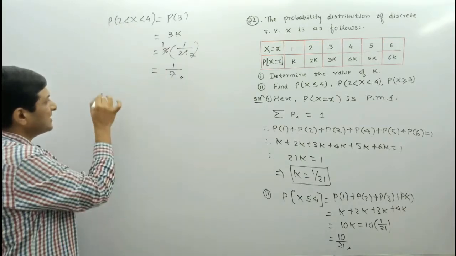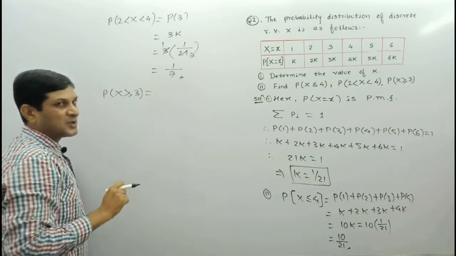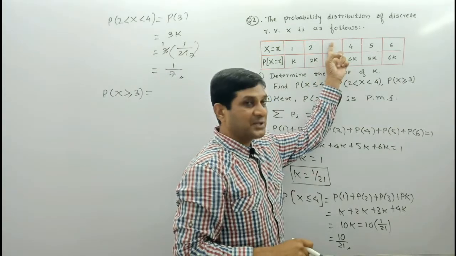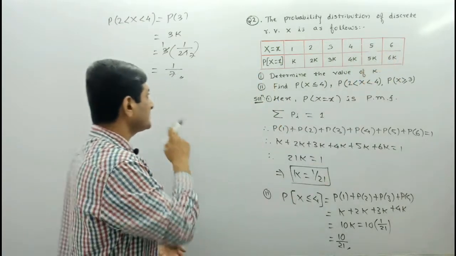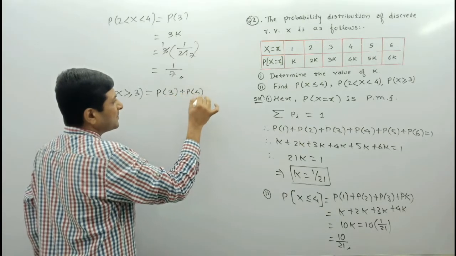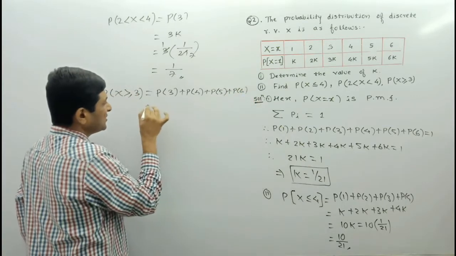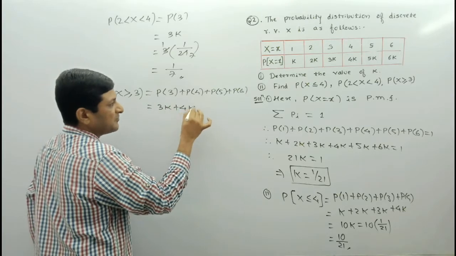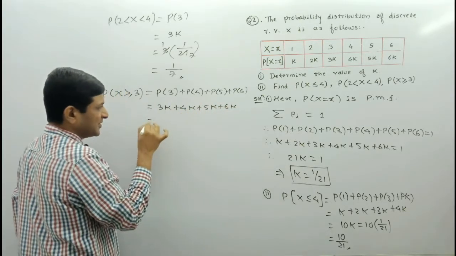Lastly, we are finding P of X greater than or equal to 3. Now check how many values of the random variable are there which are greater than or equal to 3. Means 3 is also included, and greater than 3 means 3, 4, 5, 6. Its value is equal to P of 3 plus P of 4 plus P of 5 plus P of 6, which is 3K, 4K, 5K, and 6K.